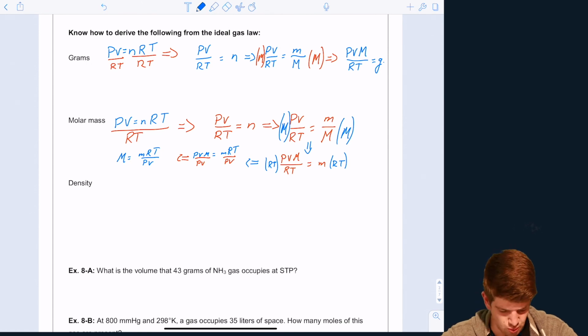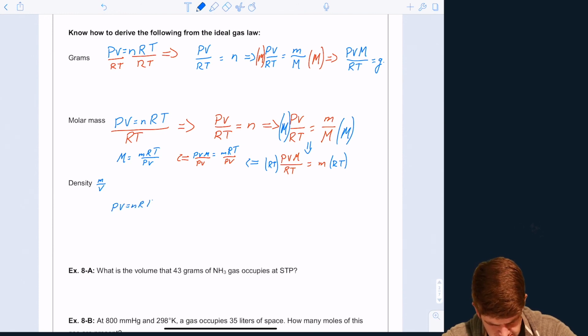So now, density. Density is going to be grams over volume. So let's start this again. PV equals nRT. If I want to isolate V on top of my grams, we'll wing it. So we'll take RT, divide both sides.